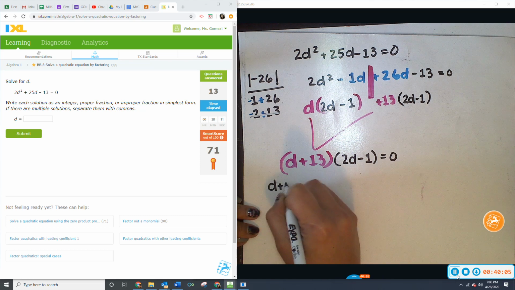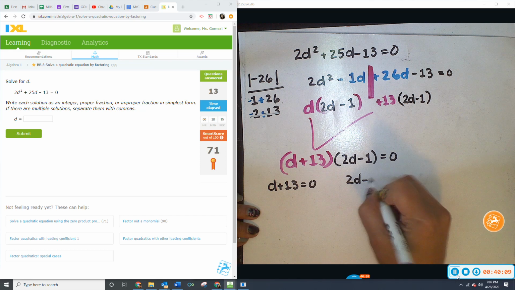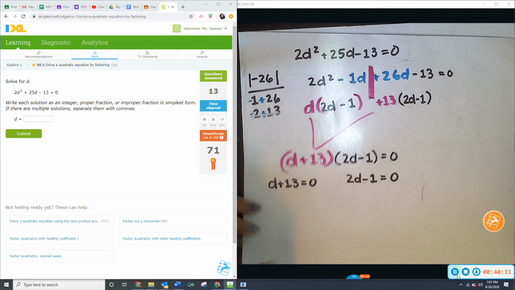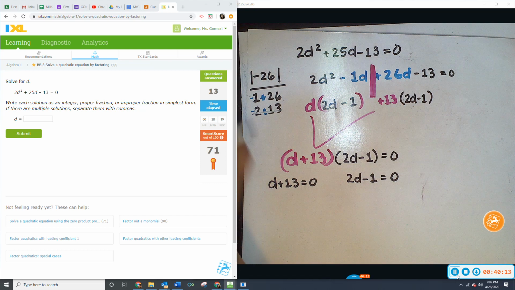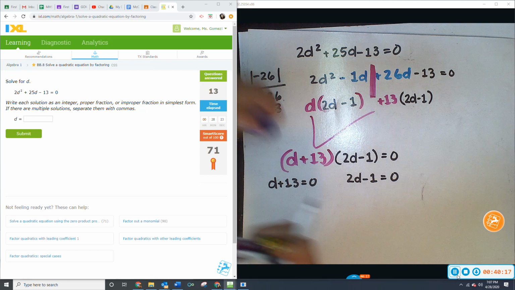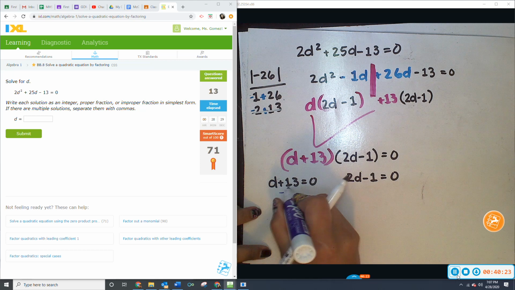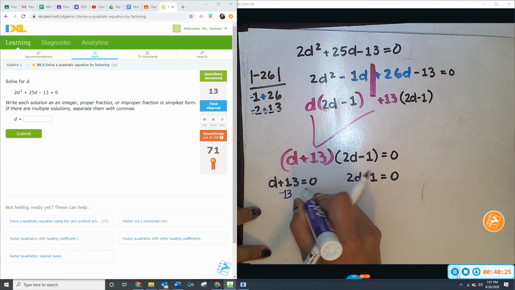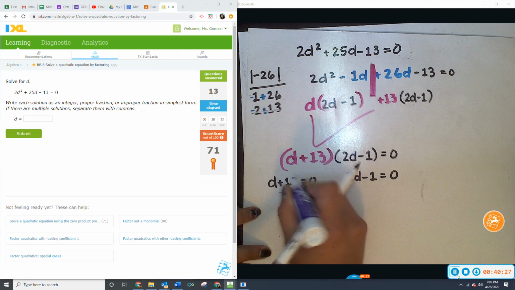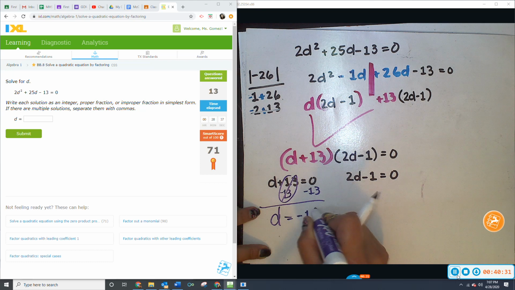Zero factor property. Let's remove my constant by using the inverse operation. d is equal to negative 13, which is the opposite of what I have inside as my factor.